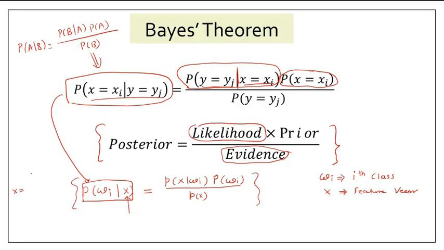For example, suppose I have extracted the height and width of an object. I have measured the height and width of an object, and then I want to say whether this is a pen or a duster. I will call pen omega 1 and I will call duster omega 2. So what this probability is trying to say, the left hand side, you are providing some vector x.